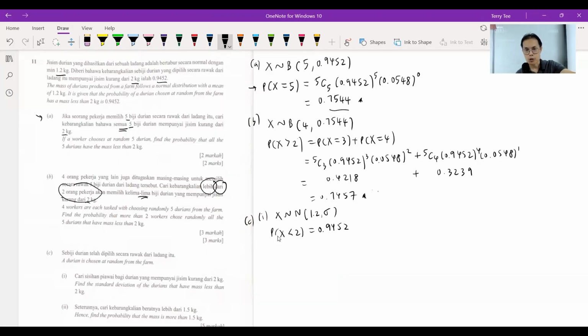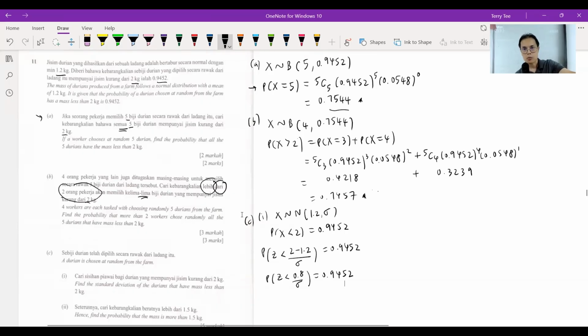Remember, this is normal distribution now. Number 1, standardize your x value. So 2 minus mean 1.2, divided by standard deviation, which I don't know. This is z less than 0.8 over sigma equals 0.9452.